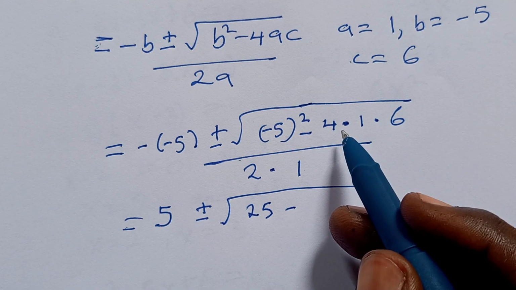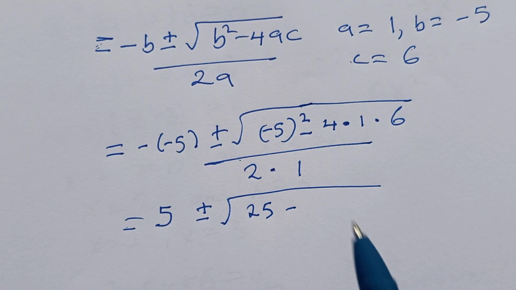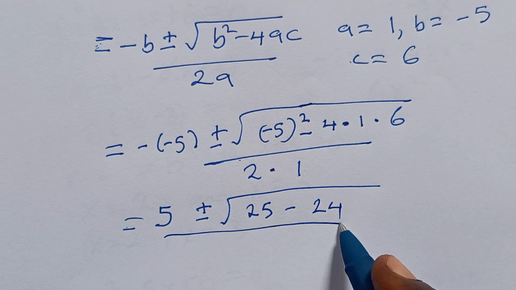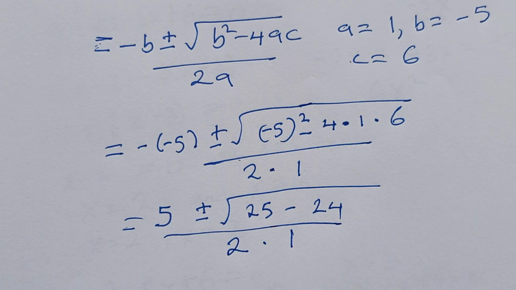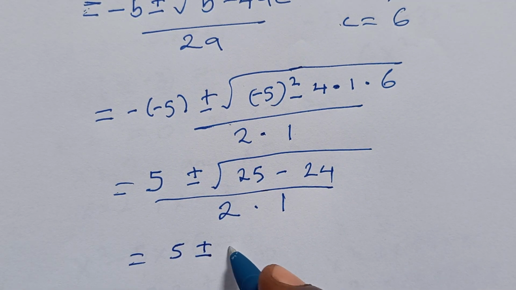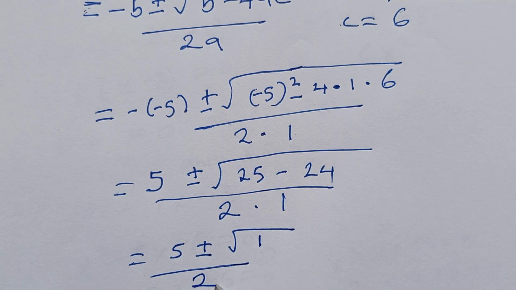Minus, so you see 4 times 6. Now 4 times 6 is going to be 24, all divided by 2 times 1. So this is what we have for our x. It's going to be equal to 5 plus or negative the root of 25 minus 24, that's 1, over 2.